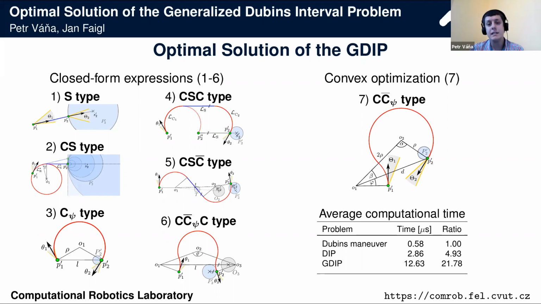And the Dubins interval problem, which I'm not the author of, takes about 2.8, and our solution takes about 20.63 microseconds. So which is only about 22 times slower, which is quite fast. So we are able to very rapidly find the optimal solution for this kind of problem. And this helps us for solving bigger problems.